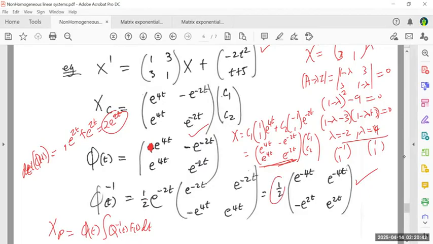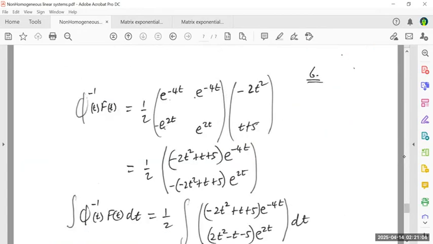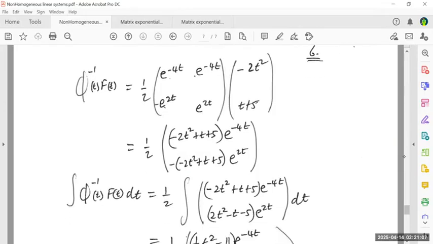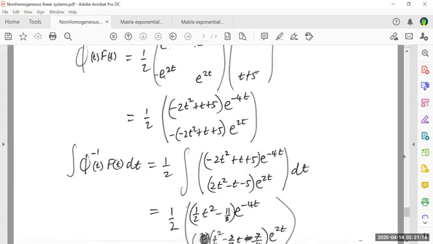Sometimes I prefer to keep the fractions outside if they're not really affecting anything inside the matrix. The next thing is I need to multiply phi inverse of t by f of t, which is that vector there. After some simplification, I get the product as that.